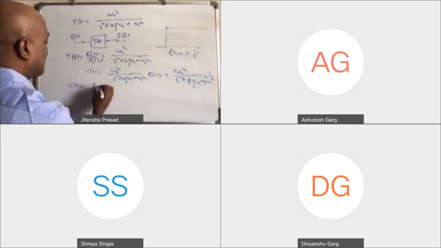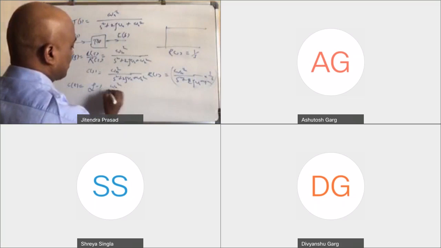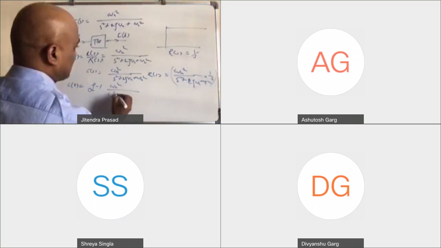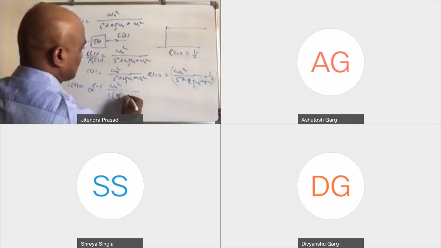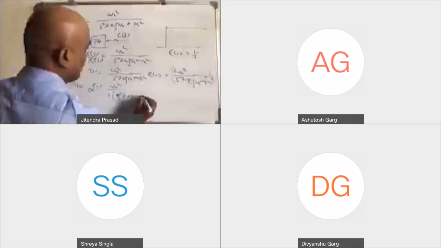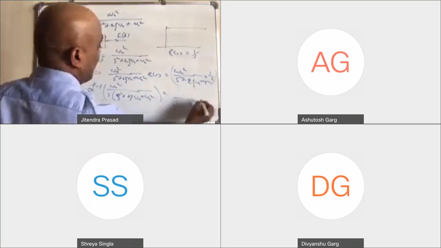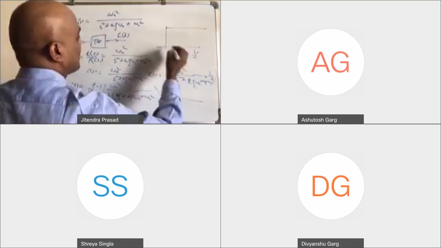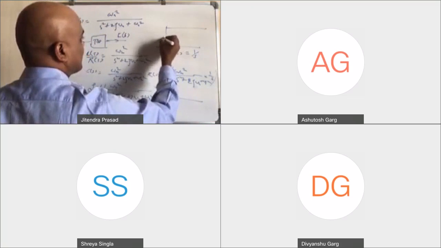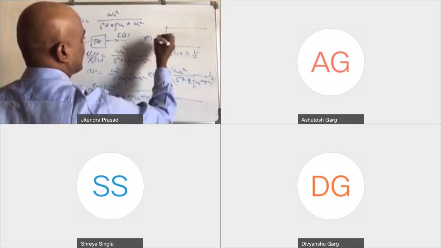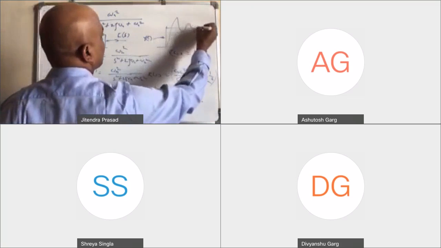C(t) equals the inverse Laplace of omega n square over s times s square plus 2 zeta omega n s plus omega n square. You will get a C(t) which will look like this one.